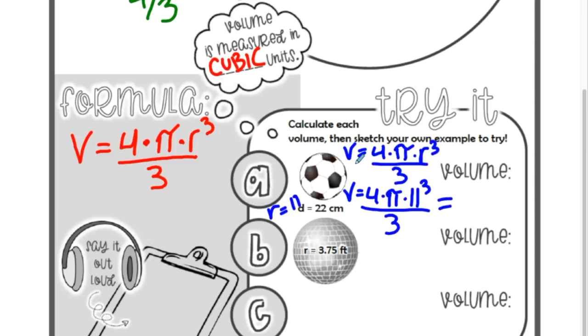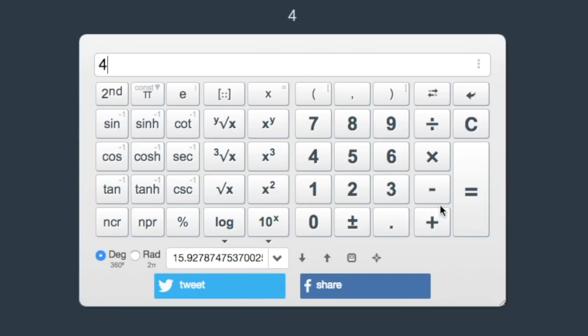That will give us our volume. Now let's see what this looks like when we are going to put it into our calculators. 4 times pi times 11 times 11 times 11. 3 times, your radius should be multiplied 3 times. Hit enter.